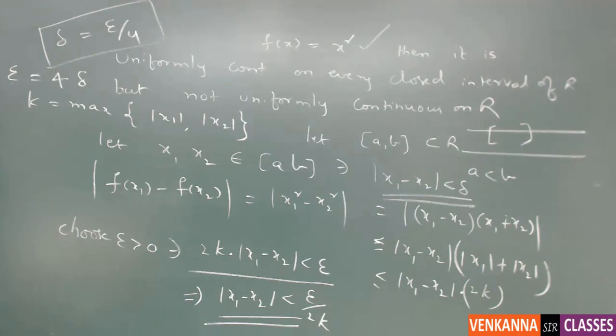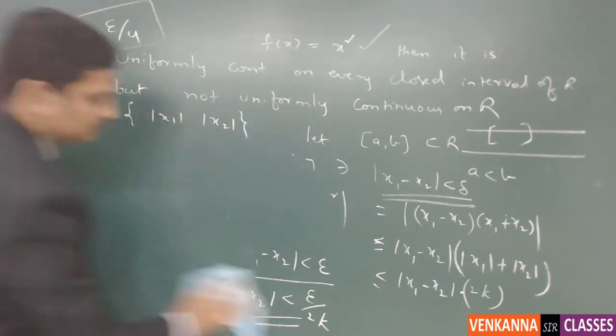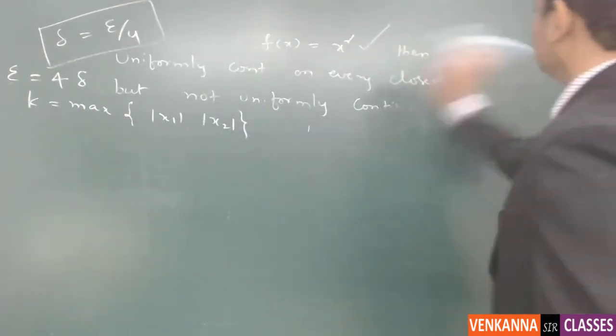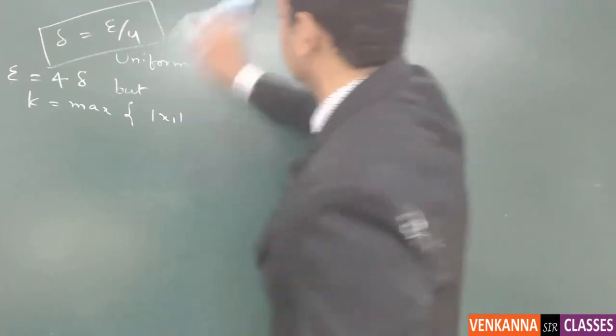But we are choosing here delta as small as possible. Right. Yes, delta is small when we choose the last point in this case.